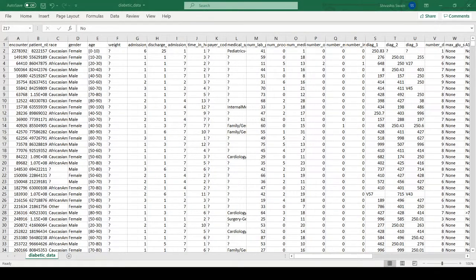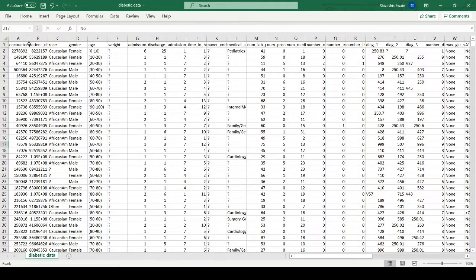Okay, I think you must be able to see my Excel. So this is my diabetic data, which has around 50 columns.